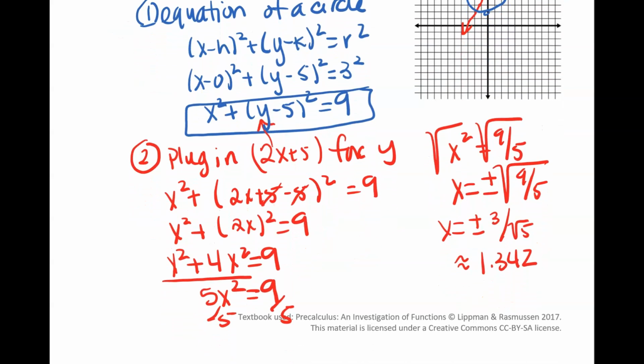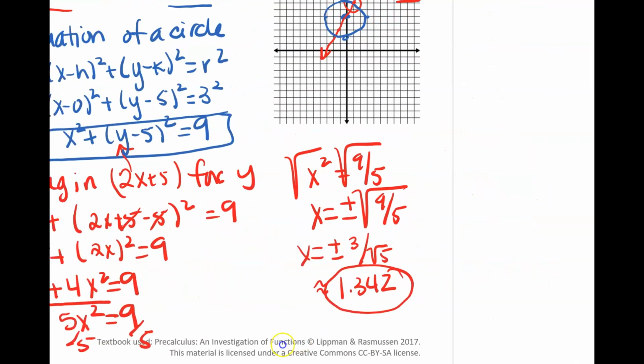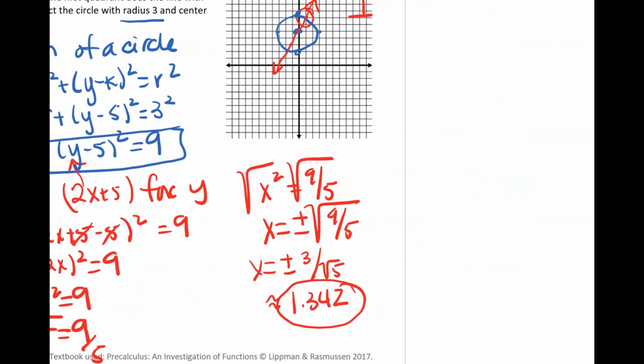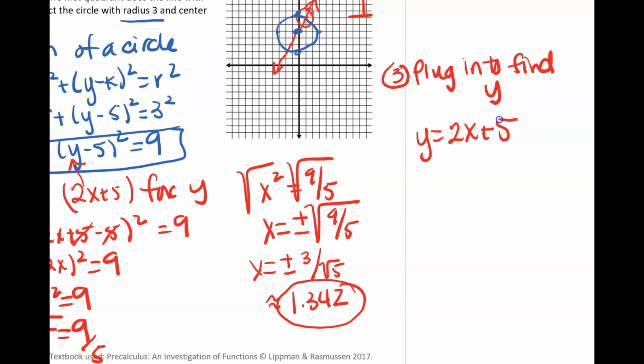Well, plugging that in, that gave us an x value. If you have an x value and you need to find a corresponding y value, step 3, we are going to plug in to find our y. So I'm going to say y equals 2x plus 5.